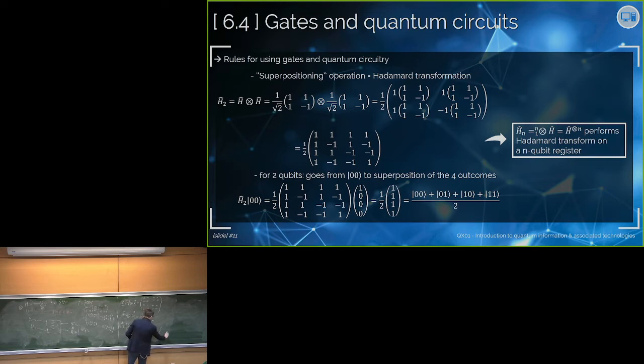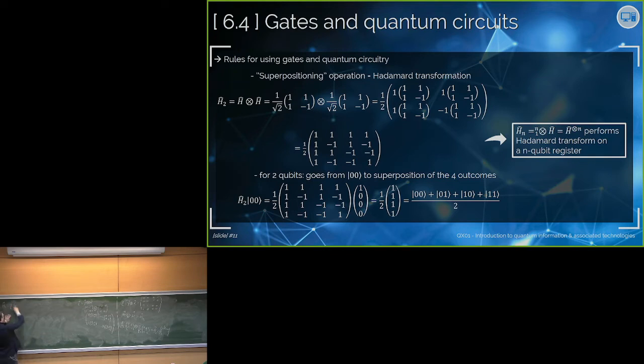So this is going to be a 4 by 4 matrix. So how is it going to look like? Well, I'm going to apply the same rules as here. Let's have a look at that. So H2, so the 1 square root of 2 is going to give me 1/2.